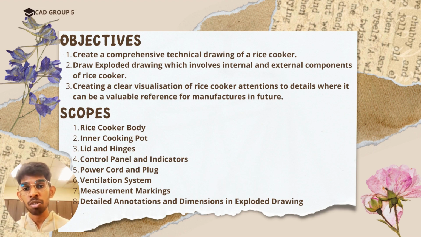And last but not least, measurement markings and also detailed annotation and dimension in the expert drawing. We add some markings to the inner cooking pot to indicate the appropriate water to rice ratio. For example, if it is 1 liter, then we label the 1 liter line on the inside of the pot.